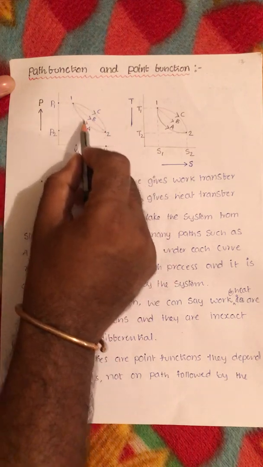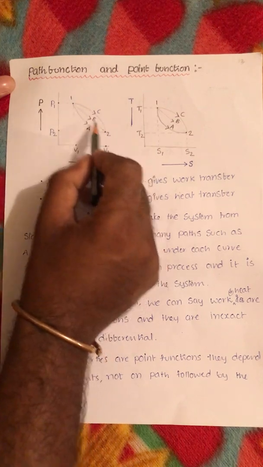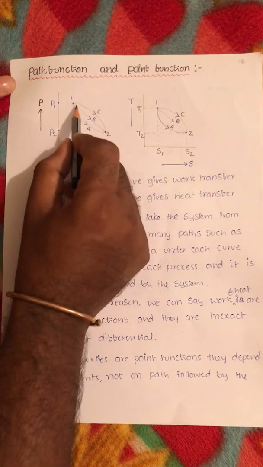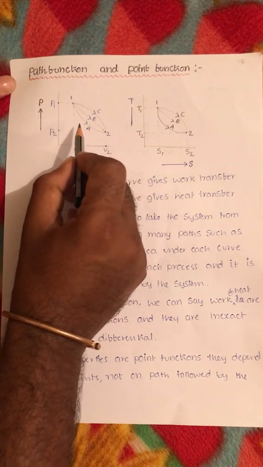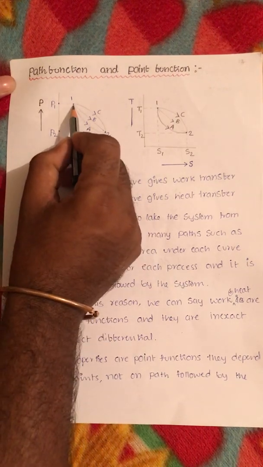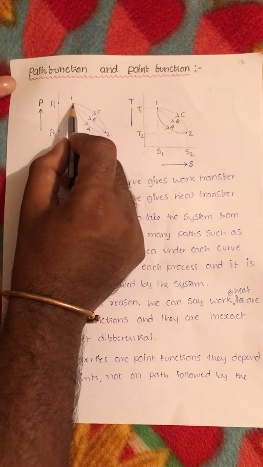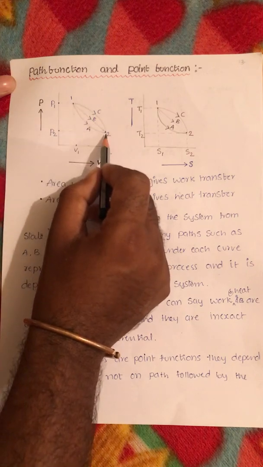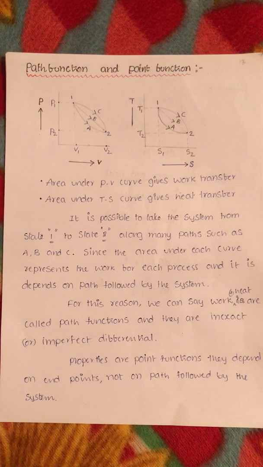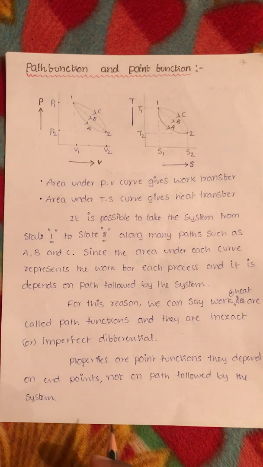It is very easy to take the system from state point 1 to state point 2 by following path A, or path B, or path C, path D, path E, whatever path you can consider. That means it is possible to take the system from state point 1 to state point 2 along many paths.